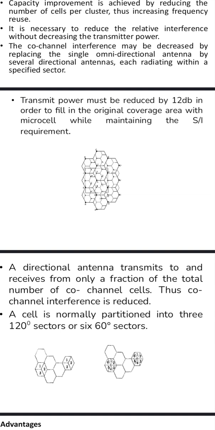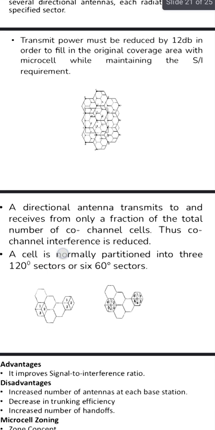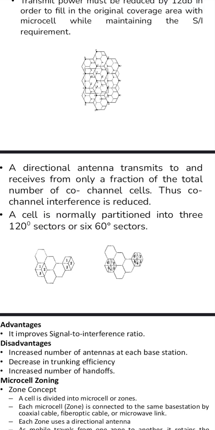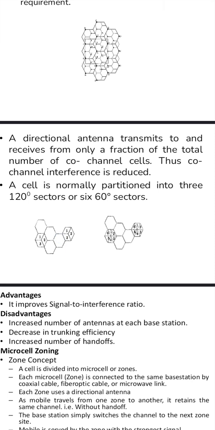A directional antenna transmits to and receives from only a fraction of the total number of co-channel cells. Thus, the co-channel interference is reduced, and it also improves the signal quality.